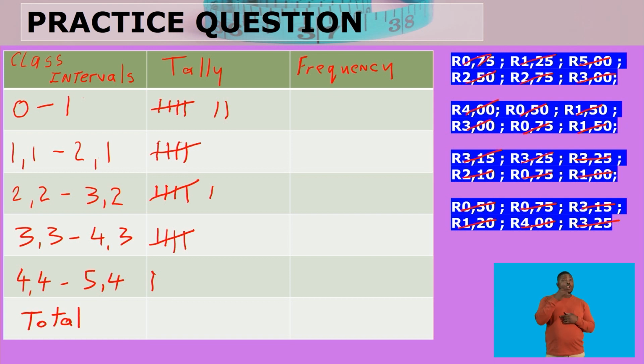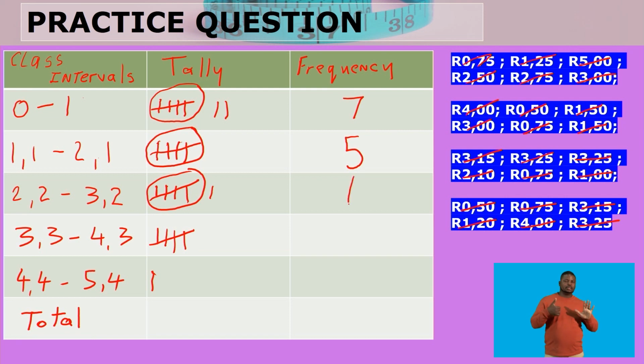Now, once you have the tally part completed, you then write the tallies as numbers, and then you can total the frequency column. You've got a group of 5 right here, and then 6 and 7. Here we have a group of 5, so that would just be 5. Here we've got a group of 5 again, and an additional 1, so 5 plus 1 gives me 6.